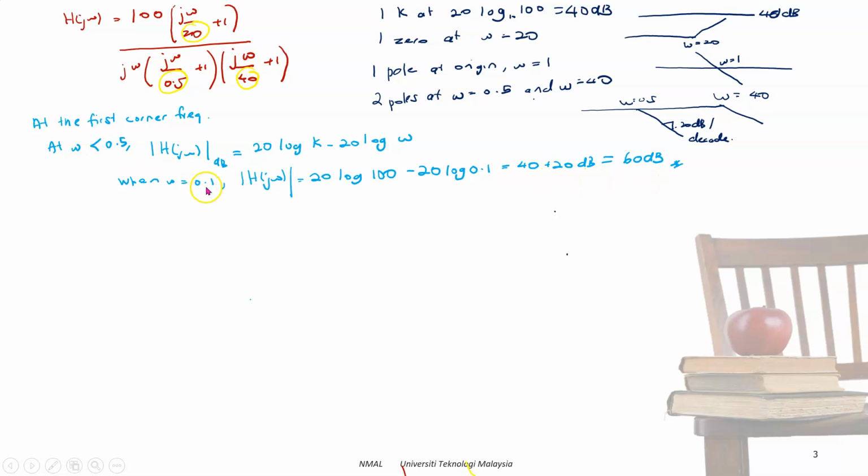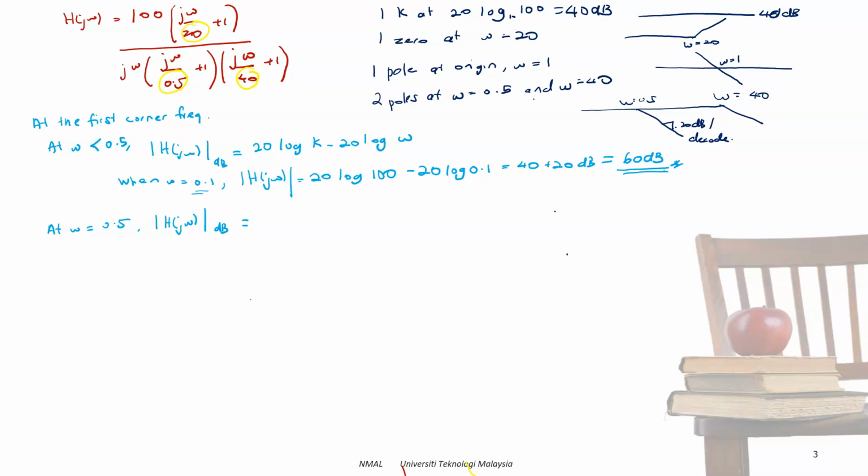For example, at 0.1 we plot at 60 dB. Okay, so this is one value that we need to plot at 0.1, 60 dB. Okay, then we move to 0.5. So at omega exactly 0.5, we can take the value 0.5 here. So H j omega in dB is equal to 20 log 100, which is 40.